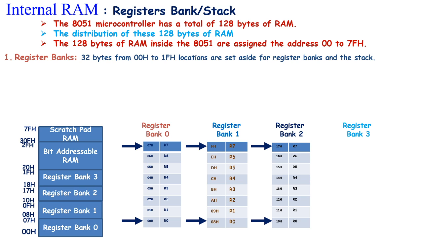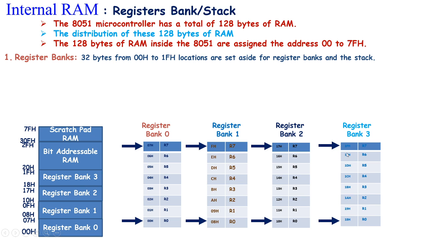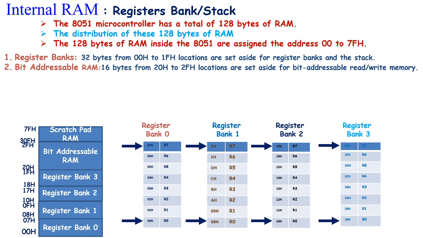Register bank 3 also has 8 registers, whose initial address starts from 18H and final address is 1FH. So these are the 4 banks of internal random access memory. These banks are used for data storage.